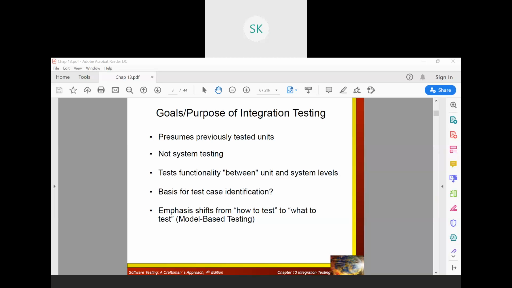Emphasis shifts from how to test to what to test. We have already finished how to test. We know how to test that particular thing. Now, what is the thing that I need to test? Whether it is one single function that I need to test, or the entire application itself. So that is very important.